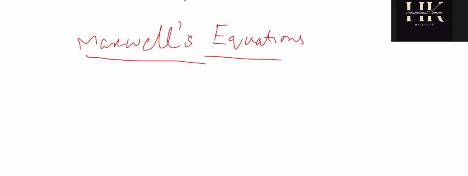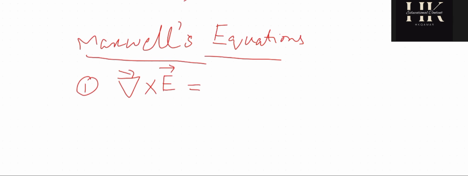The first one is del cross E. You can write these arrows on the vectors. Whenever you're writing vectors in a dot product or cross product, mark the arrowheads on the vectors.